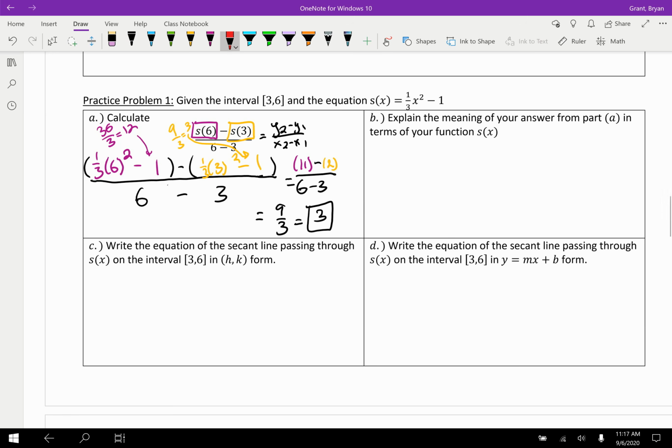So we would say something like, on this interval, 3 to 6, the average, which I decided to write backwards, the average rate of change, right, that common abbreviation of s of x, and you could write out what it equals, but let's be efficient here. The average rate of change of s of x is 5.